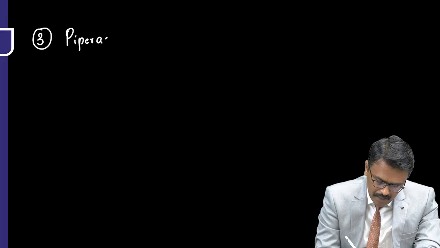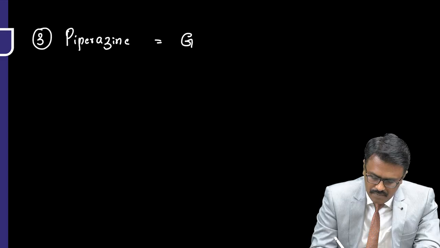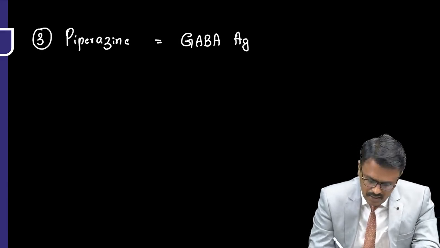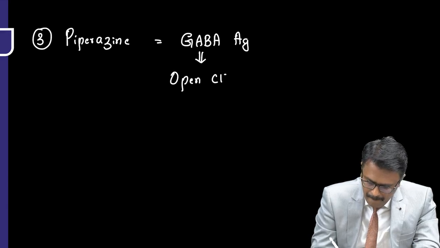Moving on to the third drug. The third drug is called piperazine. Piperazine is a GABA agonist. Usually if you think of GABA, it's an inhibitory neurotransmitter. Now it will open the chloride channels.